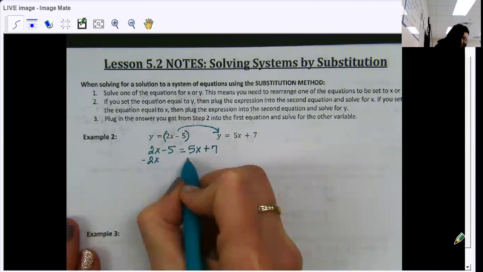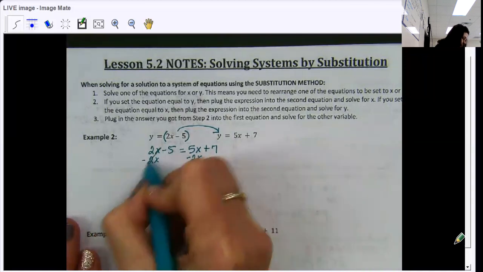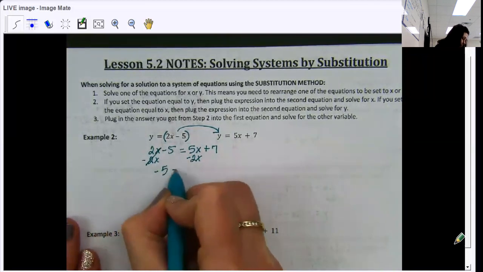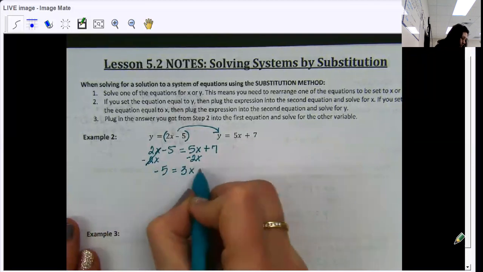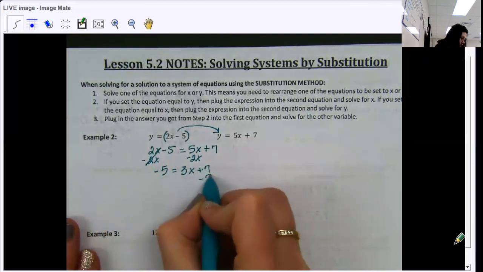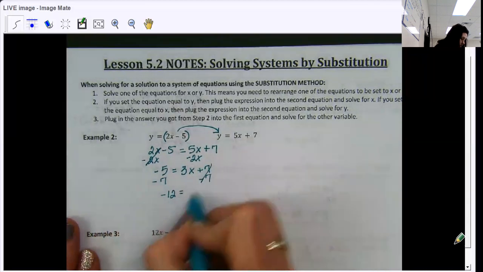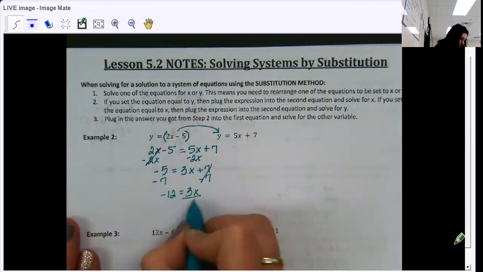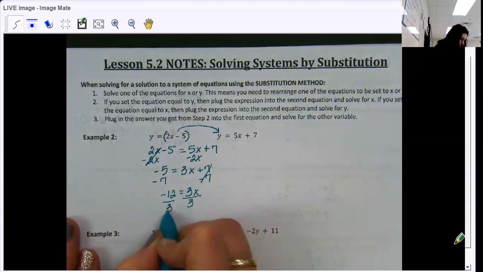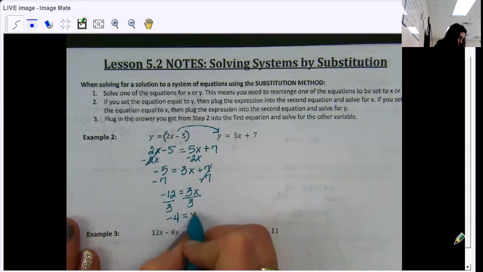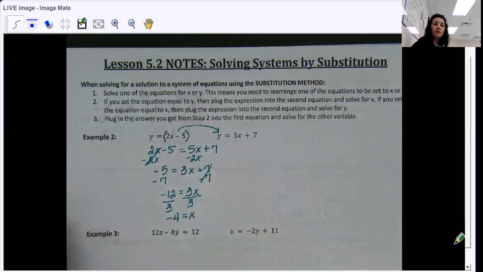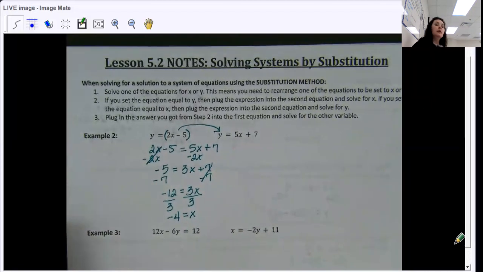Subtract 2x. You should have gotten that x is -4.